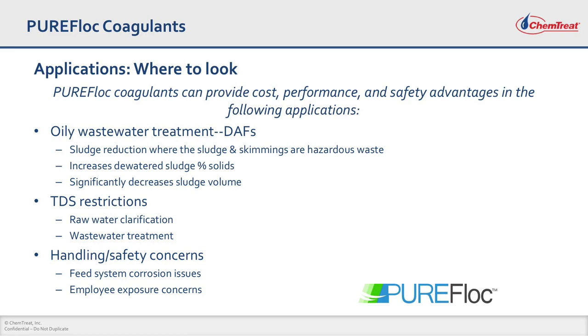So the advantage, of course, is you're producing less sludge. That's important because typically in these applications, these sludges are considered hazardous. So if you're producing less sludge, that's a less hazardous sludge that you would be producing. Also very effective as dewatering agents, and they help increase the percent solids in your cake. And they significantly decrease the sludge volume, as I indicated earlier.